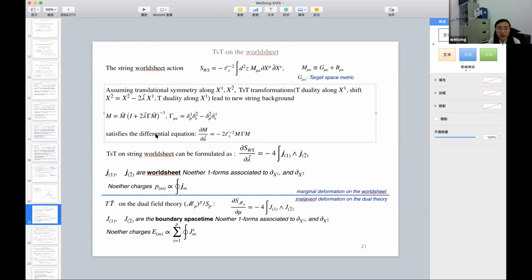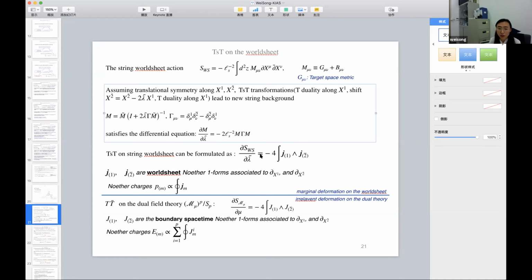Using that, one can say that after this deformation, at any finite lambda tilde, one can take the derivative of this M matrix with respect to the deformation parameter, and that would lead to such a differential equation for the deformed worldsheet action.